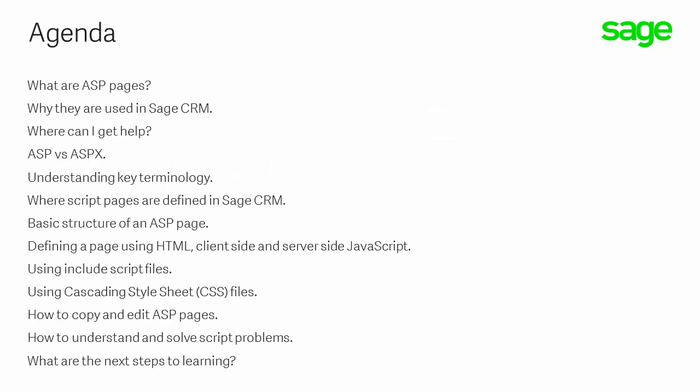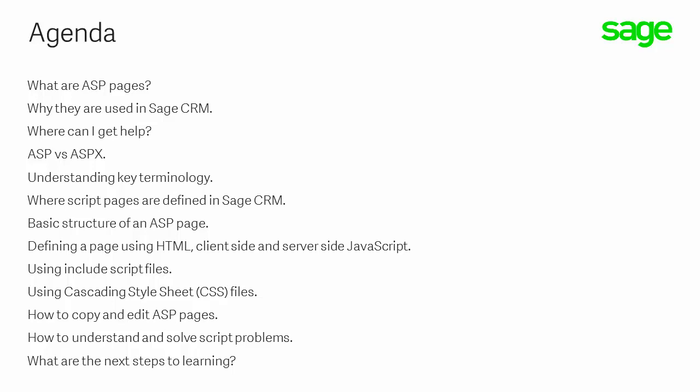Certainly in this 50 minutes or so, we're going to be looking at what ASP pages are, why they're used within Sage CRM, and where you can start to see this. We'll touch probably a little bit on ASP versus ASPX pages, but probably not so much.